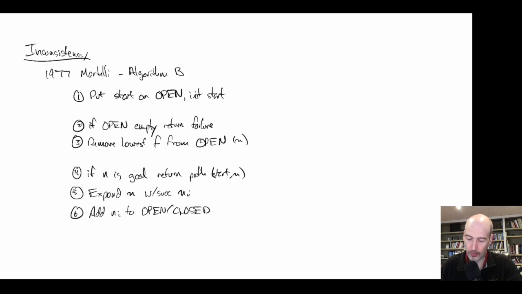There are 2 extra steps put inside here by algorithm B, which we'll put in blue. What does algorithm B do? It does 2 different things. It has a capital F, and it starts by initializing F to be 0.